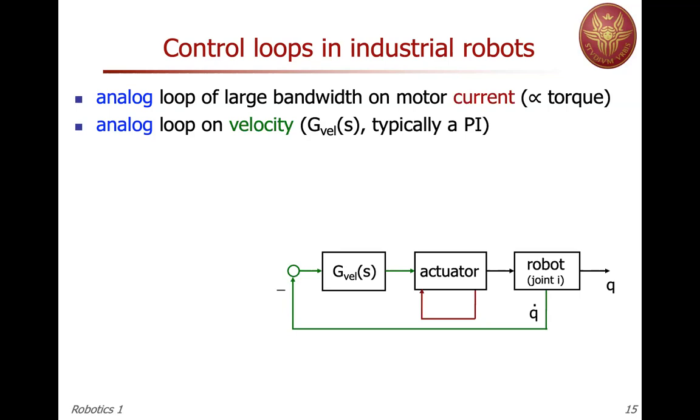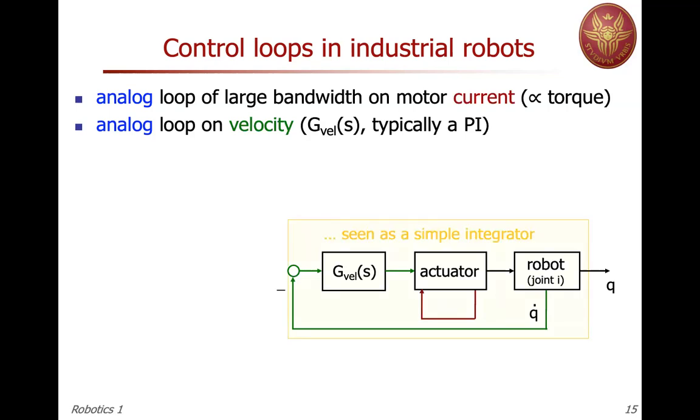Or if you're using, as nowadays it's the common solution, digital encoders, then from the encoders we know that we can extract also some information about velocity. In this case, you have a digital velocity signal. Either you convert it into an analog one if you want to use an analog loop, or you keep it digital and you close the PI at the digital level. Okay.